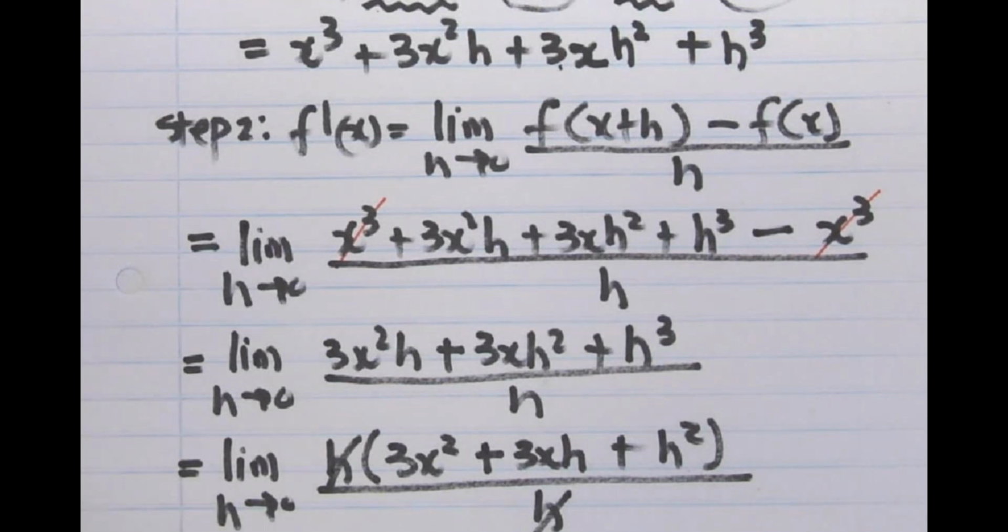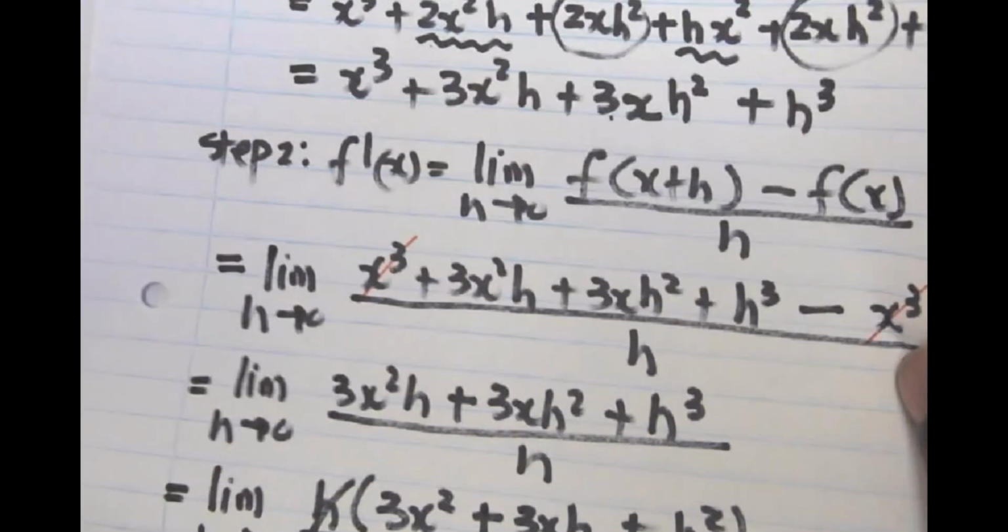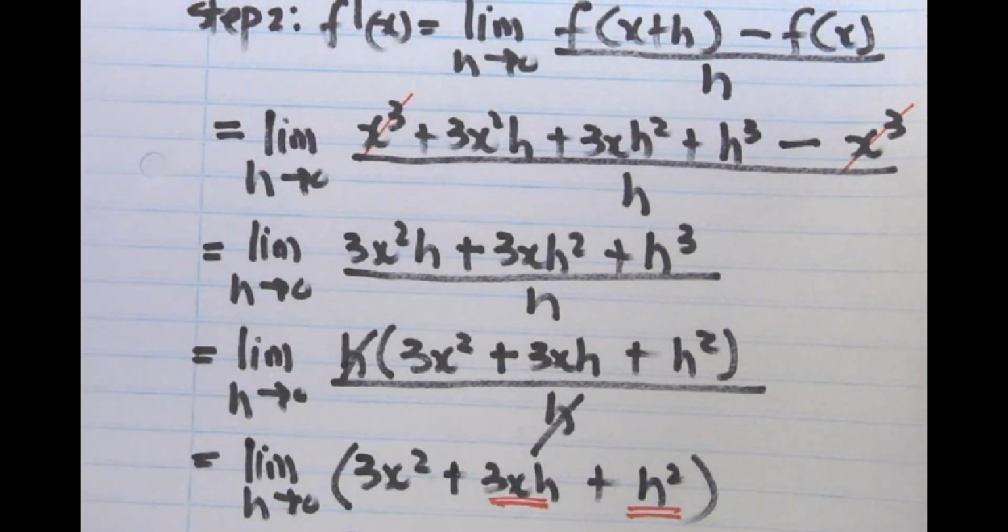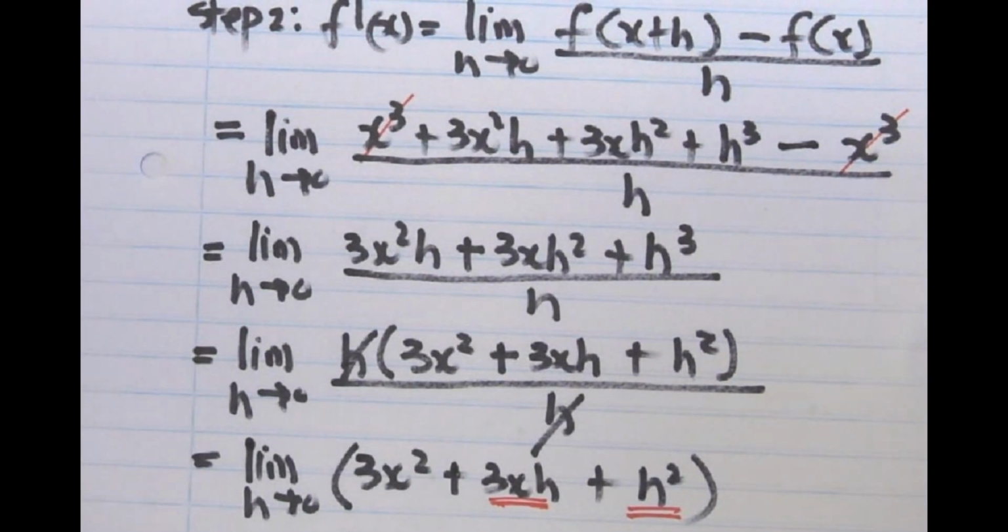So my final answer will be 3x squared. And let me repeat the last part here again. When we are here, this part here is going to approach 0. This part is going to approach 0. So they are going to disappear, and I'm going to be left with 3x squared.